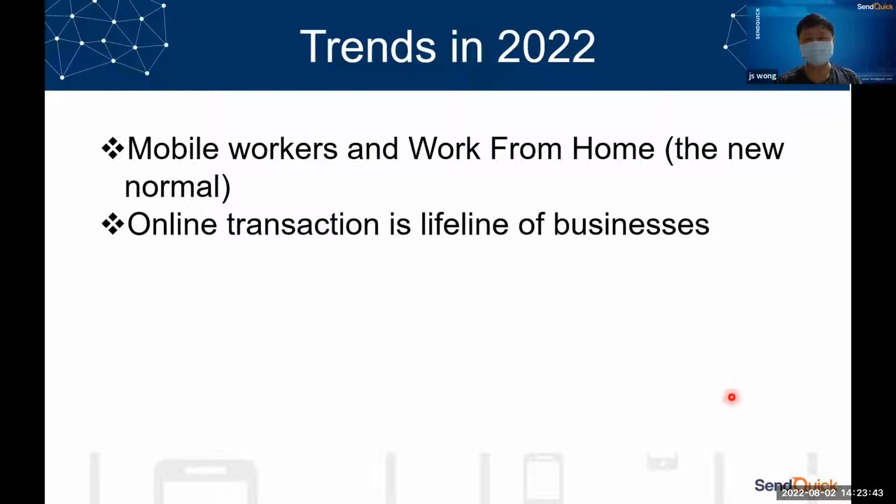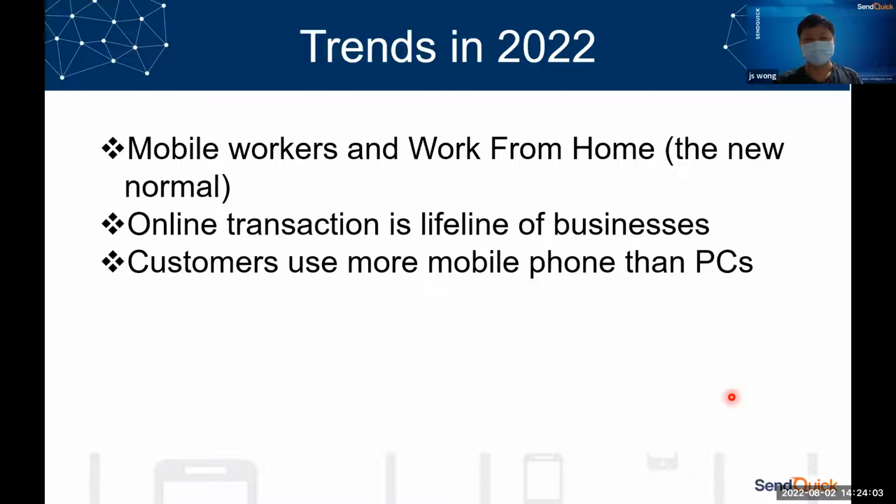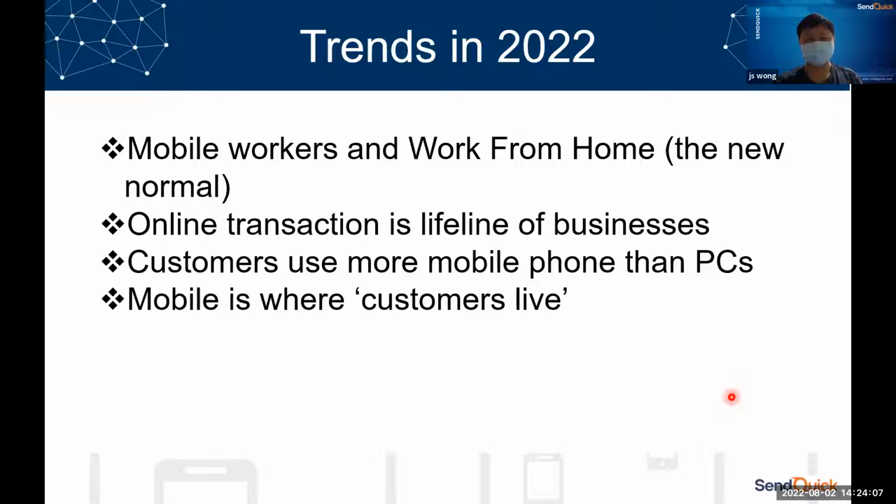Online transactions are still very prevalent. We can see people using Gojek, Tokopedia, Bukalapak, and all these different platforms to do their purchases and transactions. Post-COVID, they are still continuing to do so. Customers are continuing to use mobile phones more than PCs.